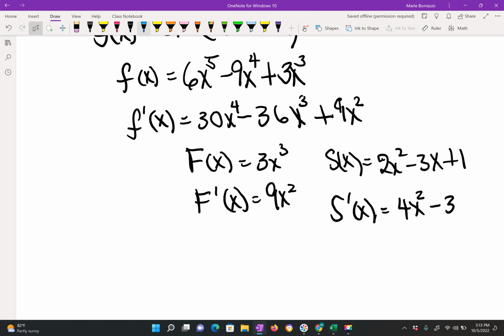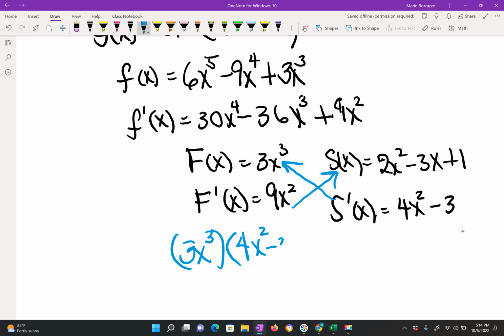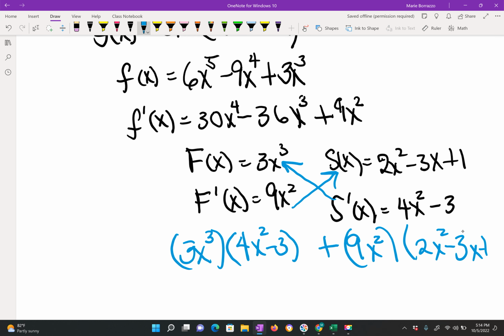So if we follow the rule and multiply those two and then add the product of those two, we should have 3x cubed times the derivative of the second equation, so 4x squared minus 3, plus the 9x squared times 2x squared minus 3x plus 1.